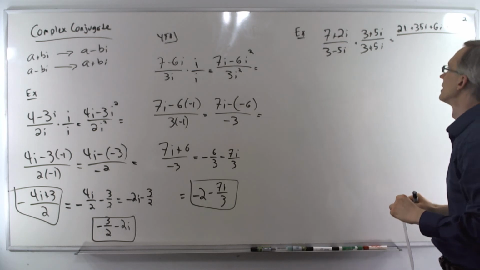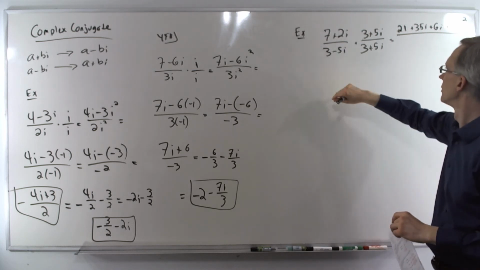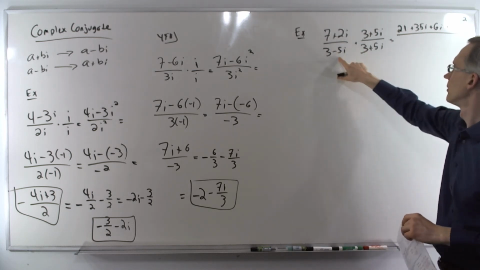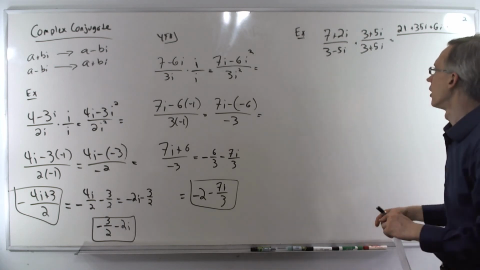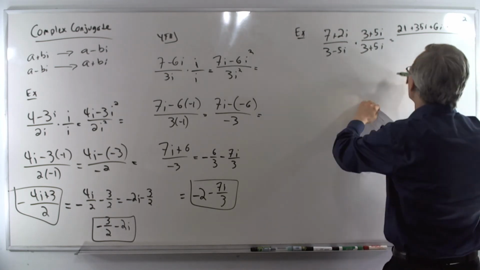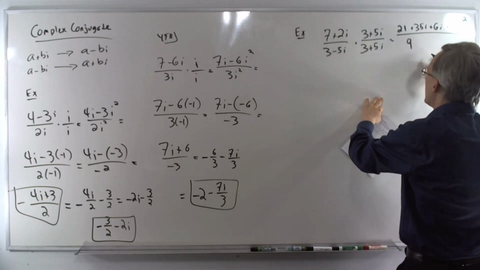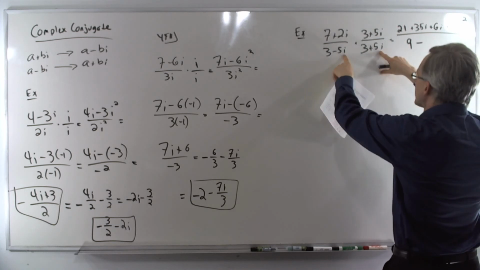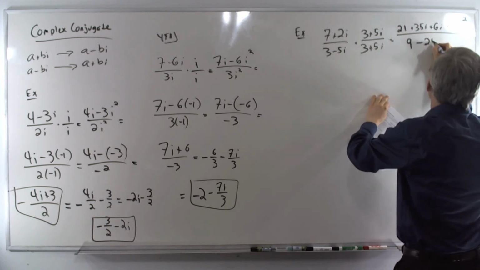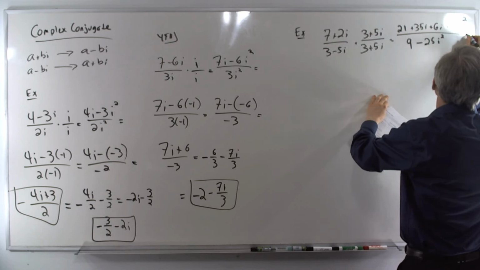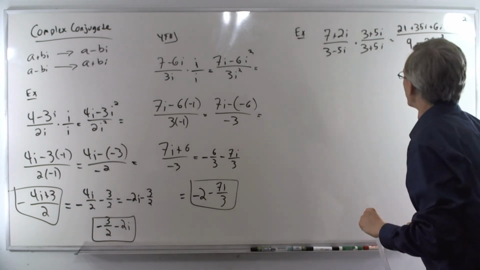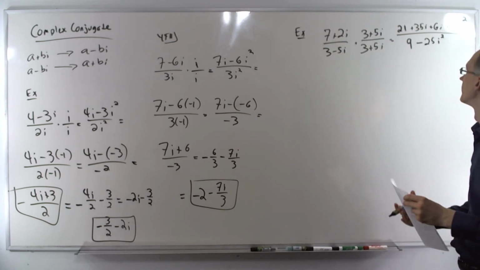Now on the bottom, just like we saw with the radicals, we've got the factored form of difference of squares. So all we need here is the first term squared, 3 times 3 is 9, minus the square of the second term, 25i squared. So a little time saver there if you remember your difference of squares formula.